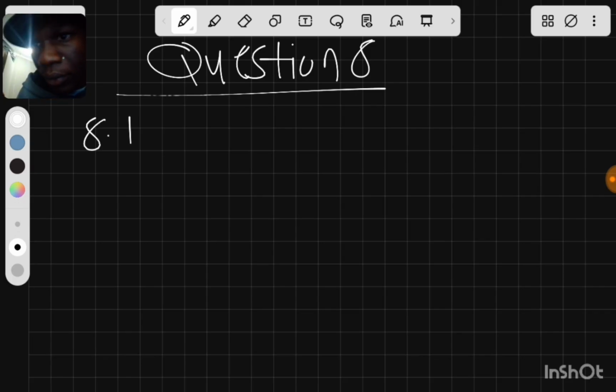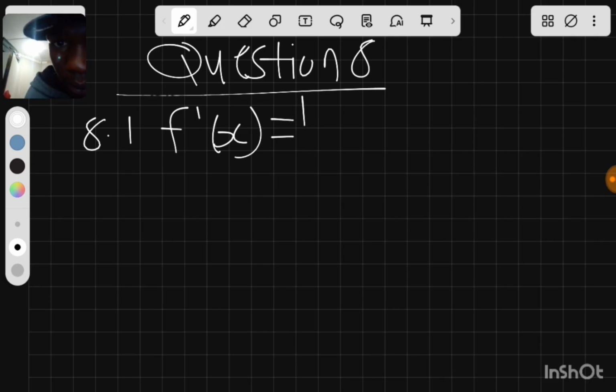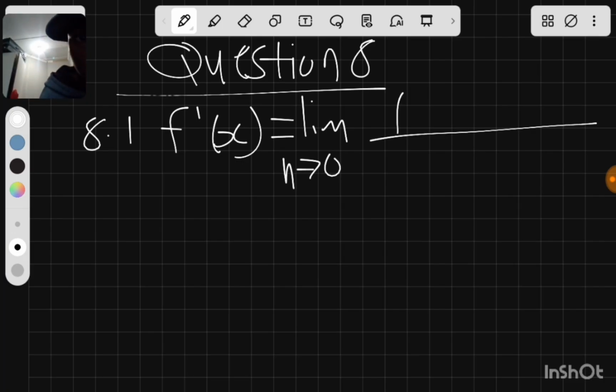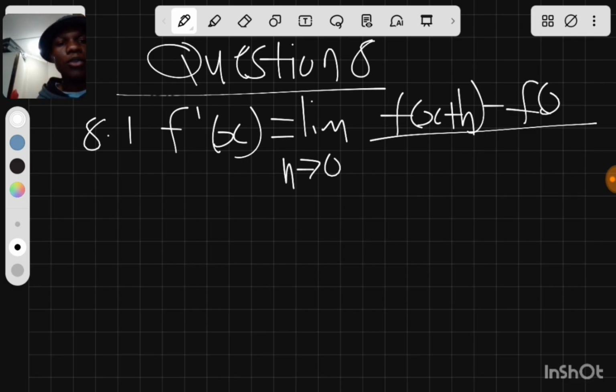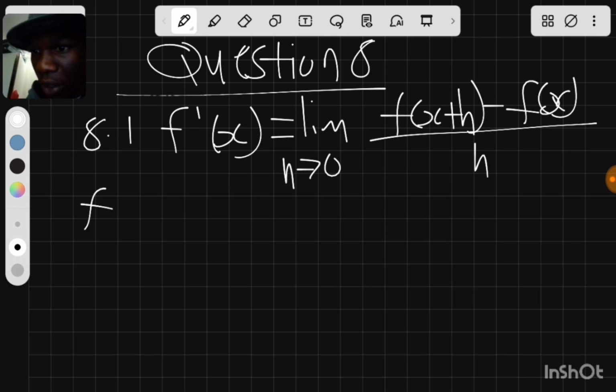8.1: f prime of x, limit as h approaches 0, is equal to f of x plus h minus f of x over h. But what is our f of x?